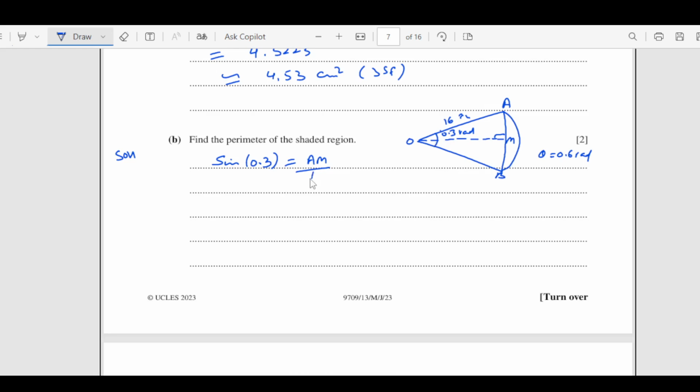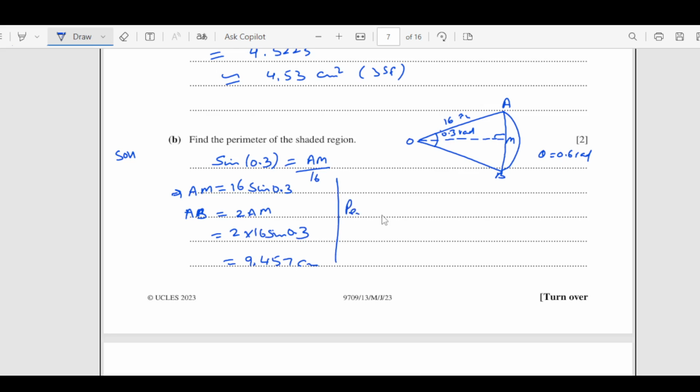So from here I have AM equal to 16 sine 0.3. So just plug in the values in the calculator. AB is going to be 2 times AM, that is 2 times 16 sine 0.3. So we can do everything together. This is 9.457 centimeters, right?